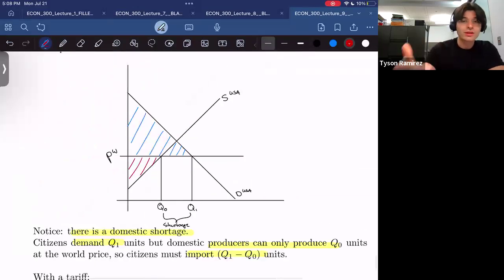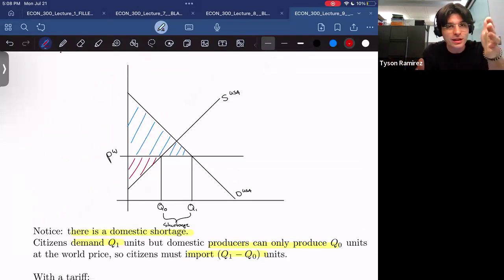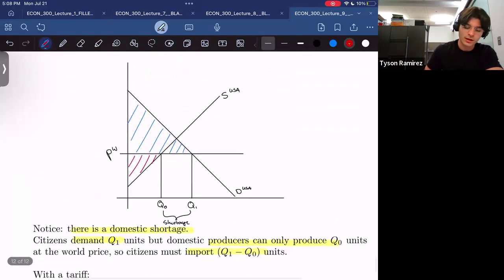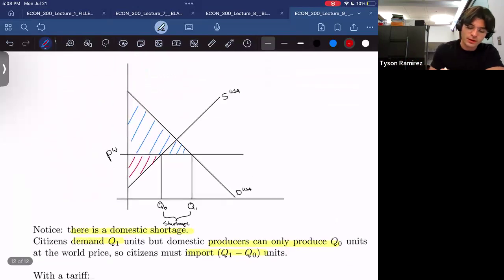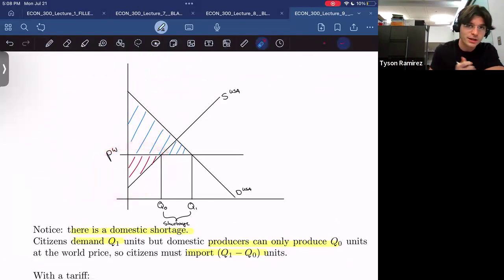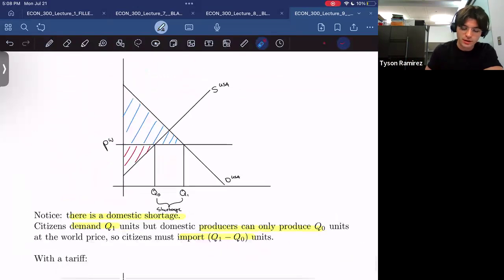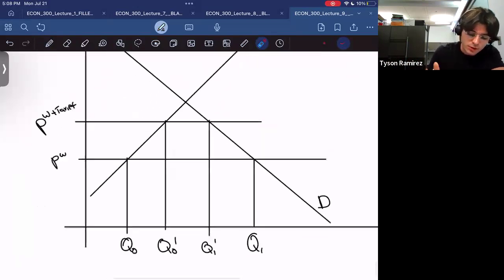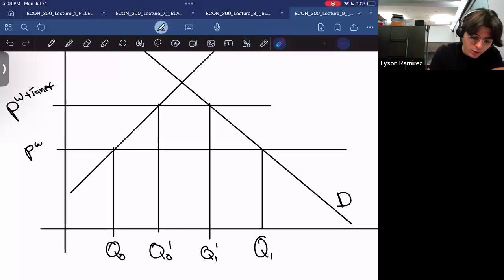So the idea with tariffs enacted smartly is that the intention is to protect domestic industry. What we will see though is that this still has some consequences, even though it will help the domestic guys. With tariffs, the idea is they're trying to target the red area. They want to make that area bigger.